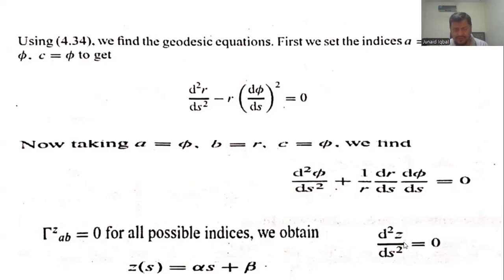So it shows that we have z equal to alpha s plus beta. So it represents that the motion along the z direction is linear.